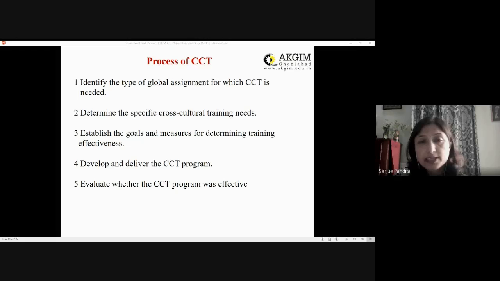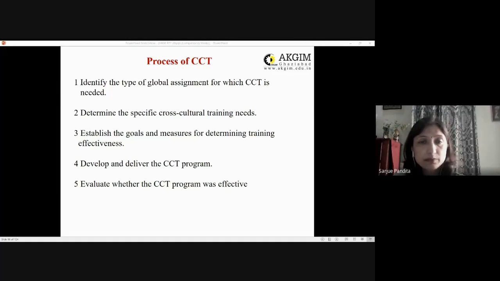Now, a functional assignment is similar to a technical assignment, with the difference that there are more interactions with host nationals, which are necessary in order to make the assignment successful, because interactions with host country nationals become a very important, crucial part of a functional assignment.